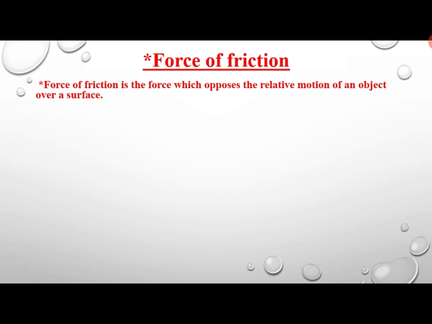Why the term relative? Because the surface is at rest and the object over that surface is in motion. So there is a relative motion between the base and that object. So this force opposes the motion of the object over the surface. Let us consider a case over here. We have a block which is lying on a surface.